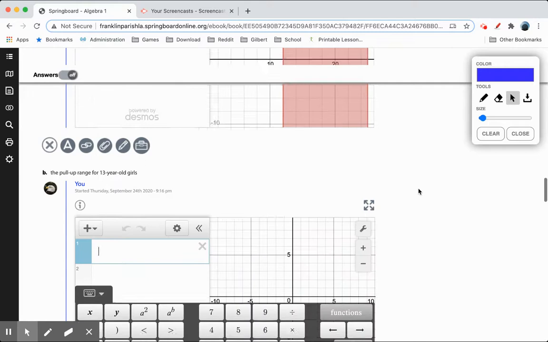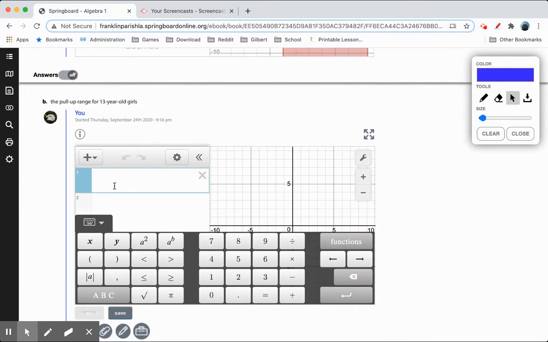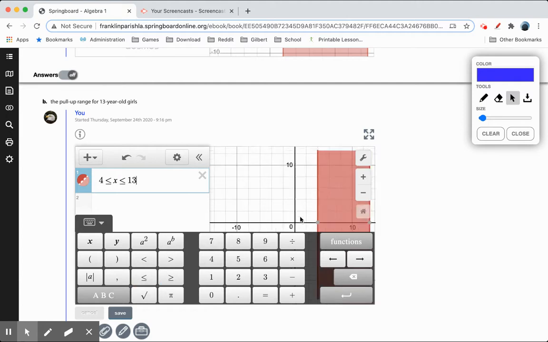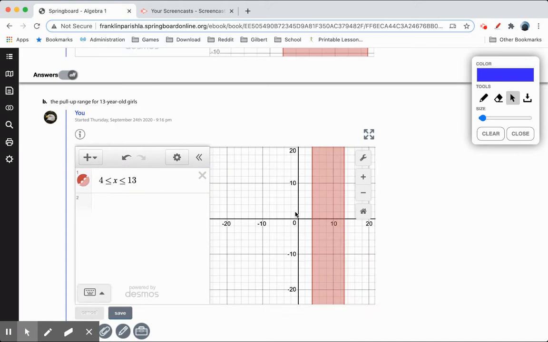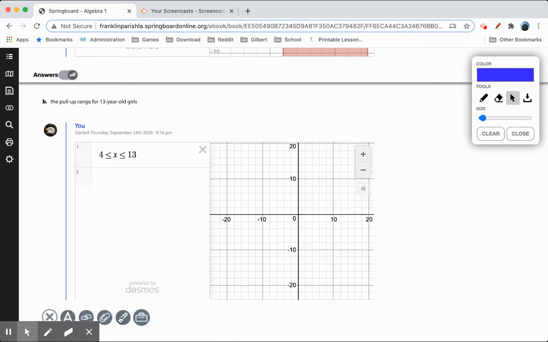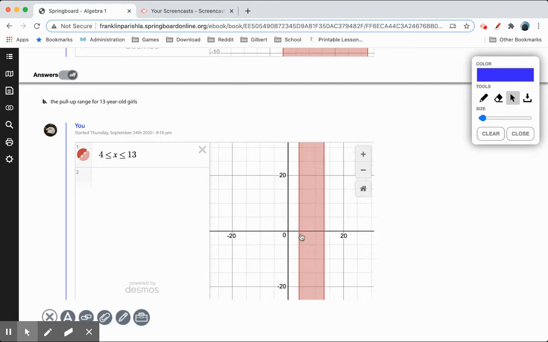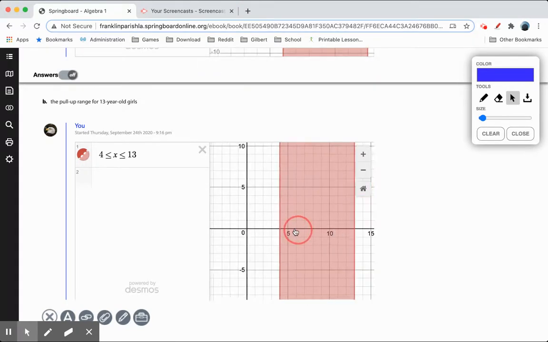It was the same for both, so I didn't really need to be that forgetful. 4 is less than or equal to x, which is less than, not greater than, less than or equal to 13. Okay, inclusive, yes. Save that. Got it. You can zoom in a little bit if you need to see it a little closer.